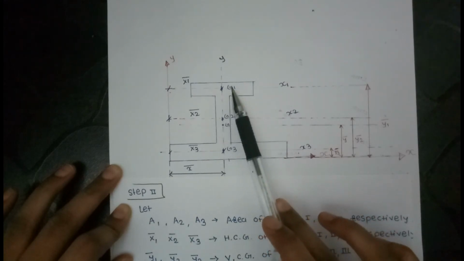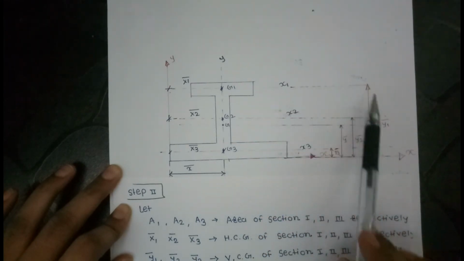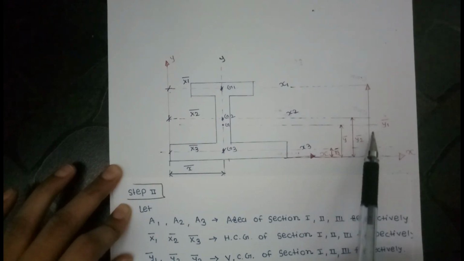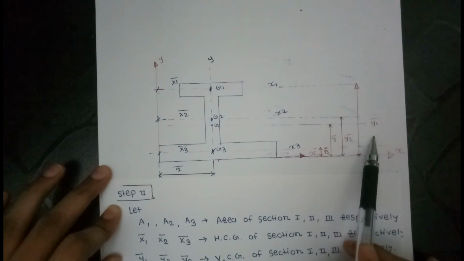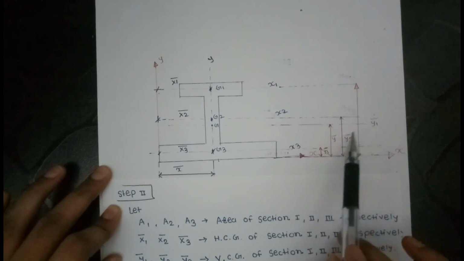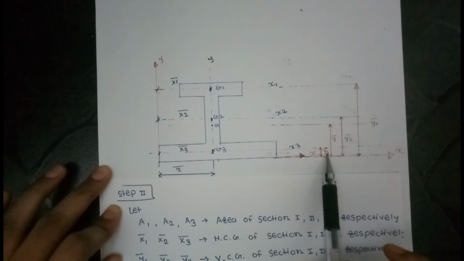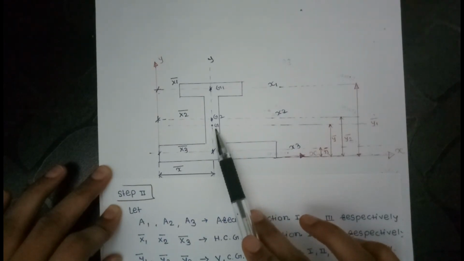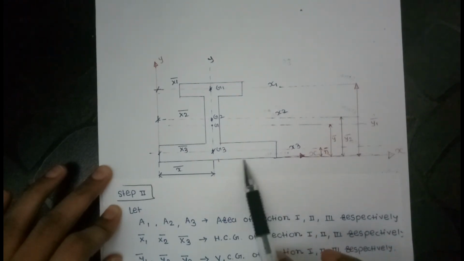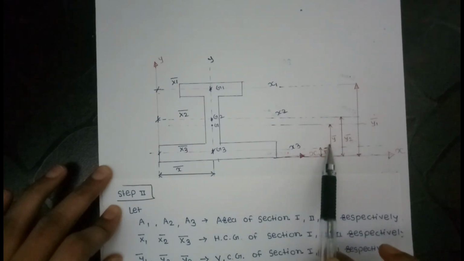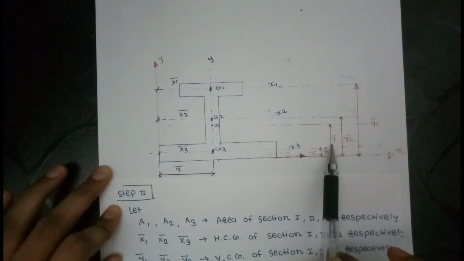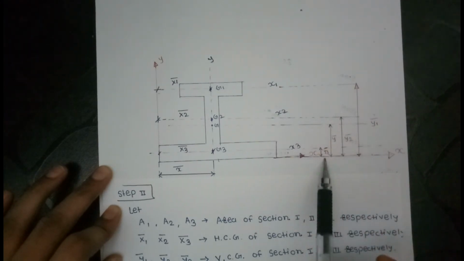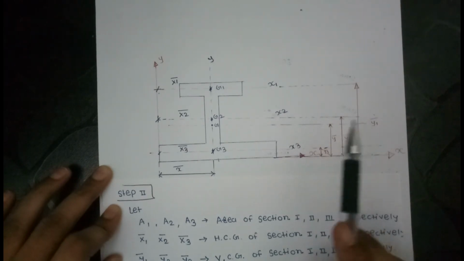The distance between point G1 and the base of the x-axis is y1 bar. And the distance between point G and the base of the x-axis is y bar. Okay, y1 bar, y2 bar, y3 bar and y bar. These are all known as vertical centroidal distances.